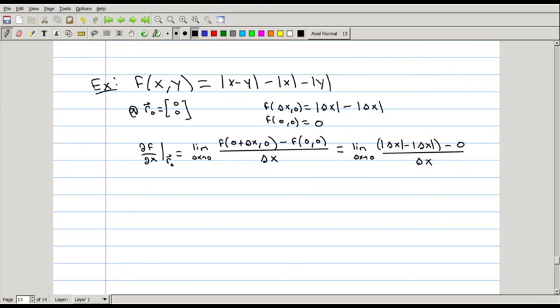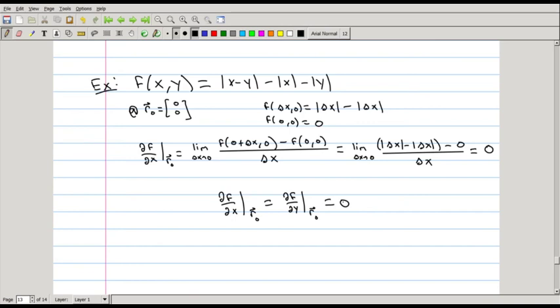This expression will always be 0 because delta x minus itself is always 0, so this limit is just 0. And you can very easily show the same thing for df dy as well. So for this roof function, df dx at the point r naught exists, and it's equal to df dy at r naught. Both partial derivatives exist and are equal to 0.